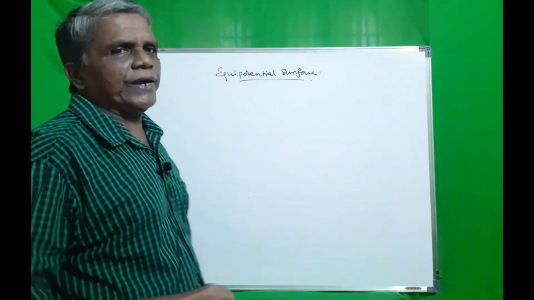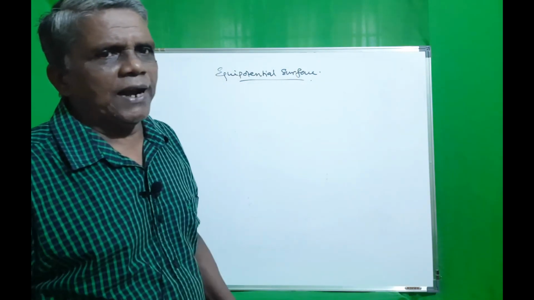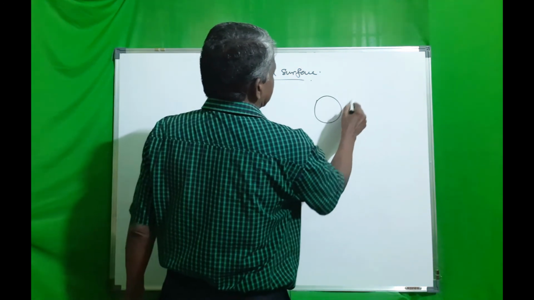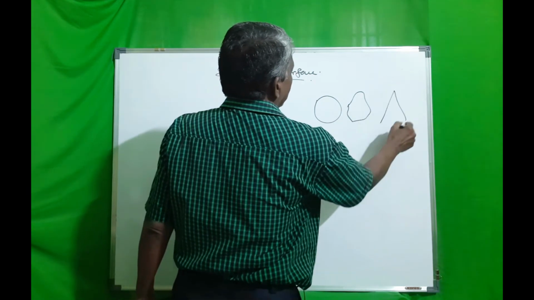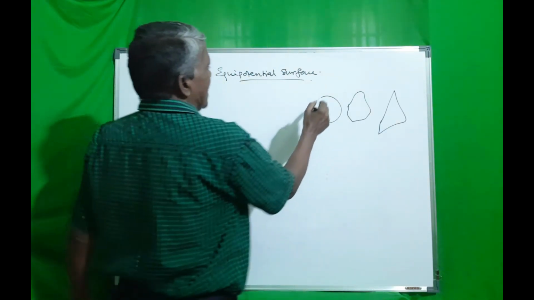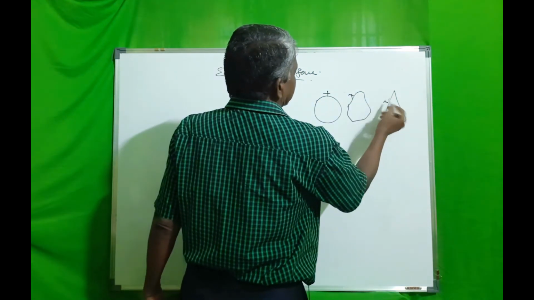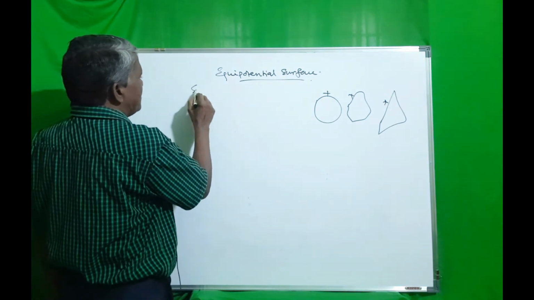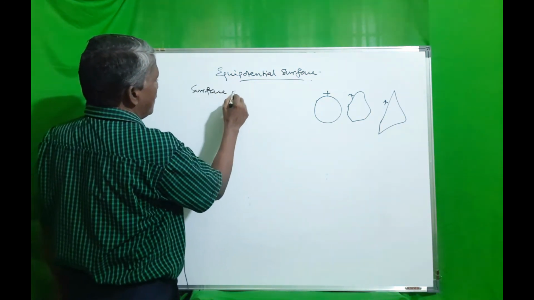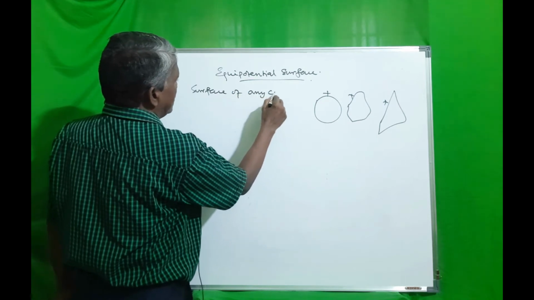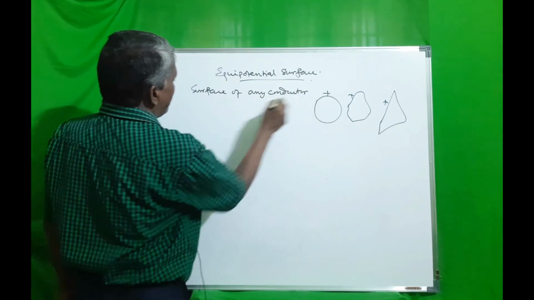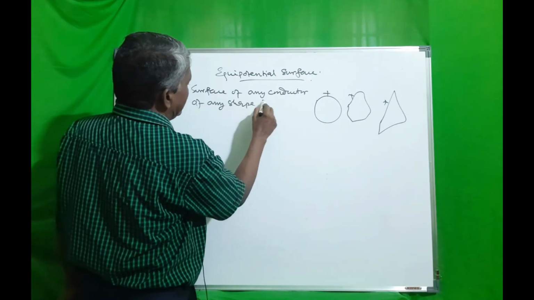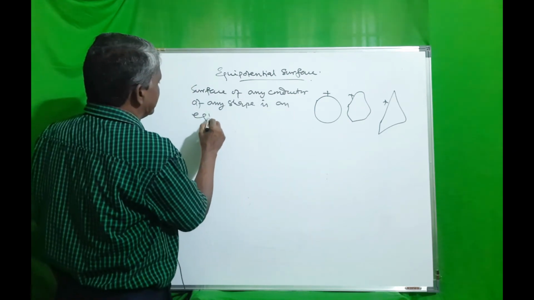So the surface of any conductor of any shape, let us take a conductor like this, if it is charged plus or minus, is an equipotential surface.